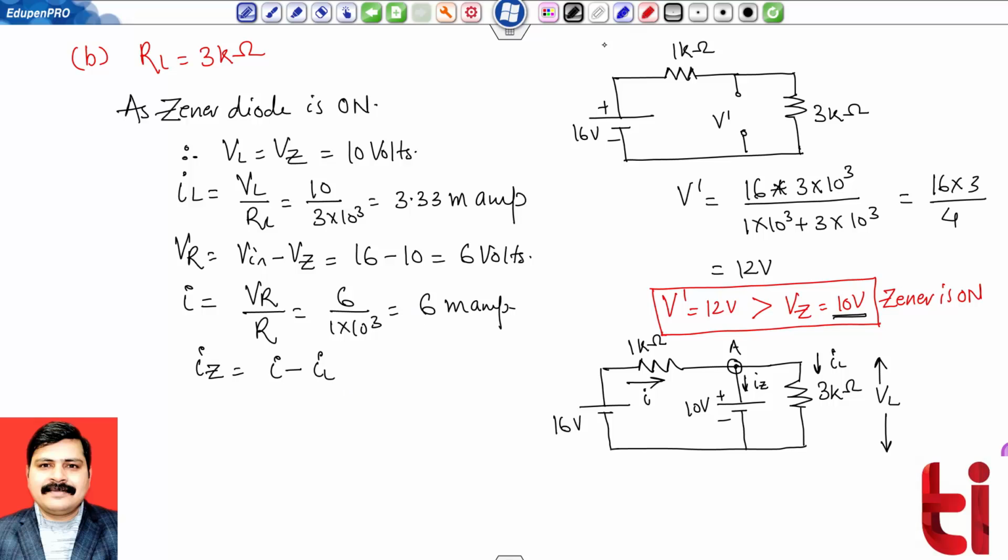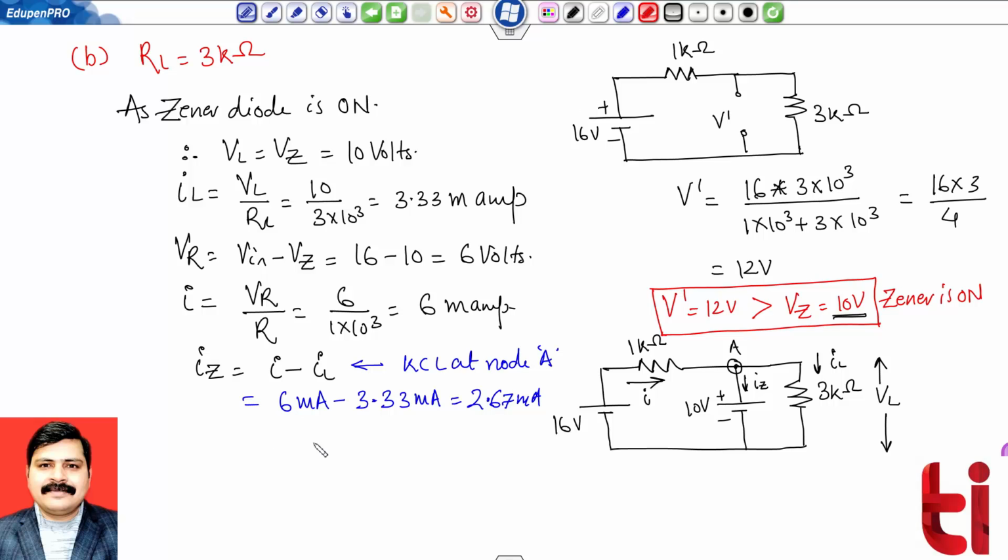This I have calculated from KCL at node A. I have directly written, and this value is 6 milliampere minus 3.33 milliampere. So this value becomes 2.67 milliampere.